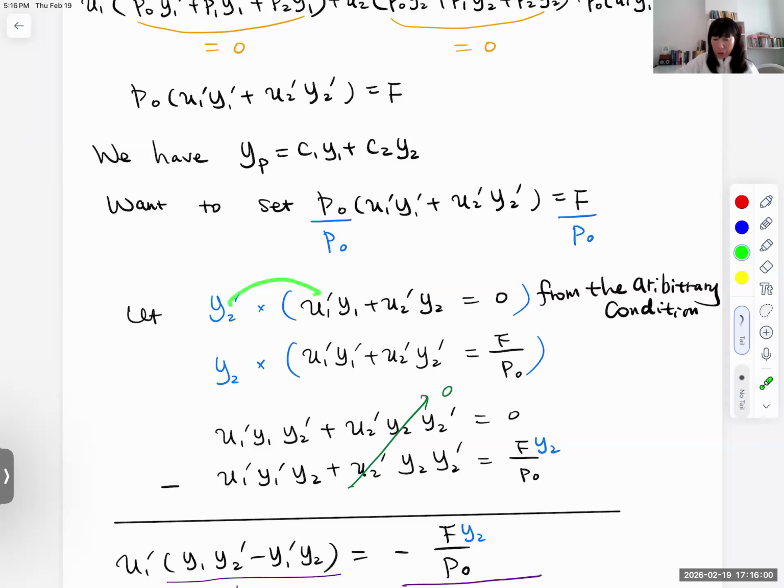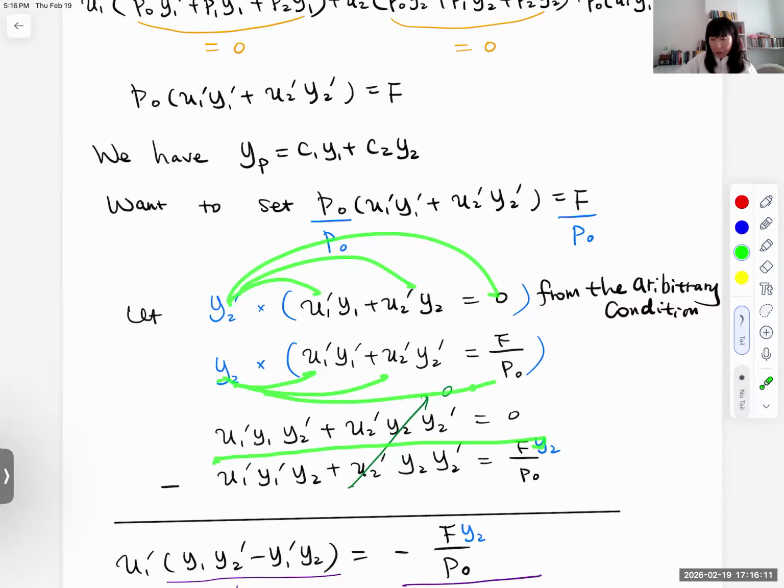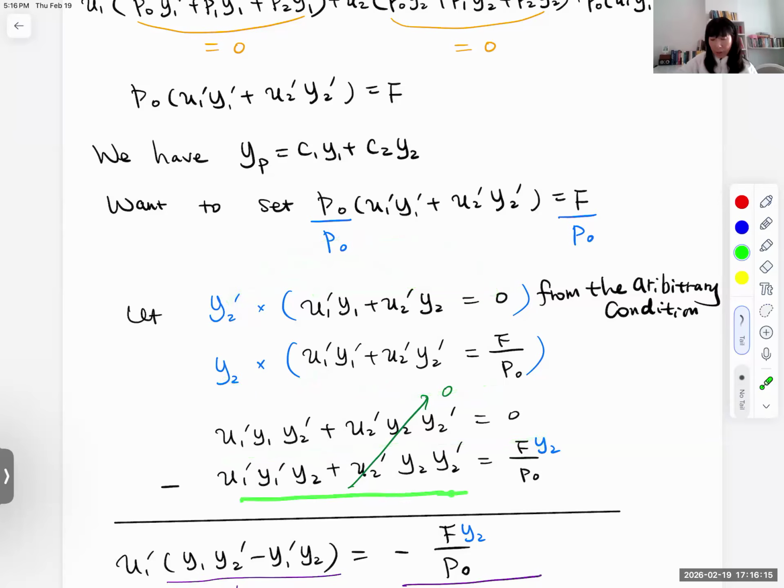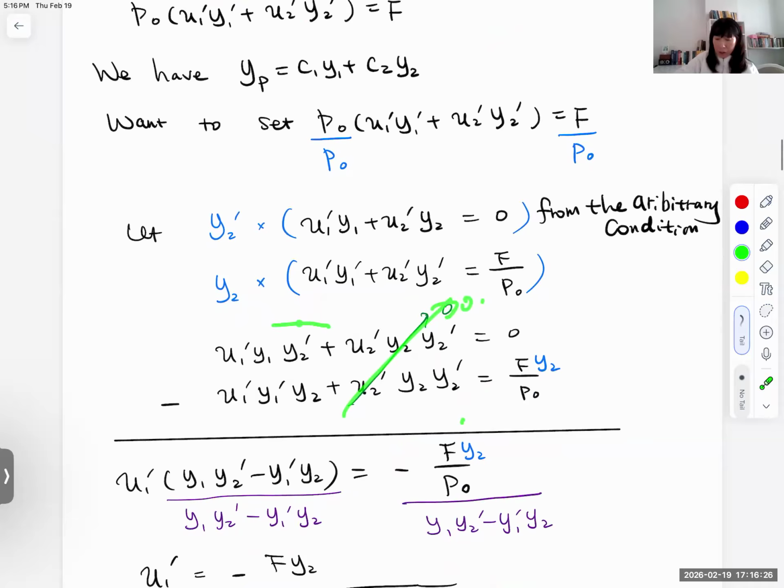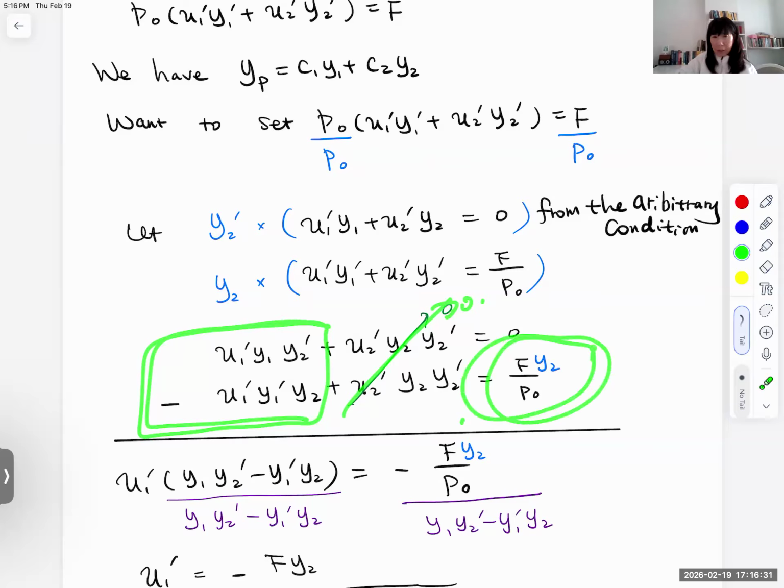Okay, then we distribute. This is how we got this. And y sub 2, we distribute. Then that's how we got this, okay? All right. Then the second term we can cancel out because it is 0. Then we have only the first term and this one left.